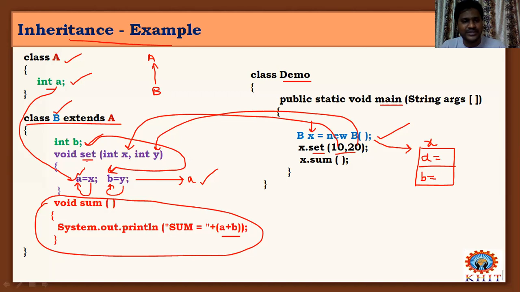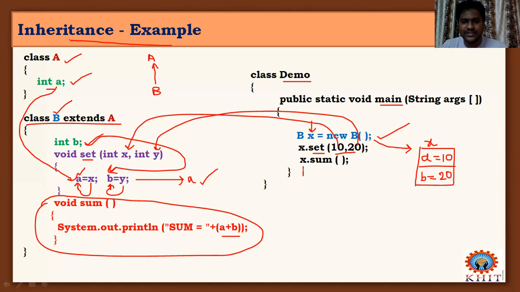When we call this set method, the X and Y values initialize these instance variables A and B. So A is initialized with value 10 and B is initialized with value 20. So this is the X object of the B class, the subclass.